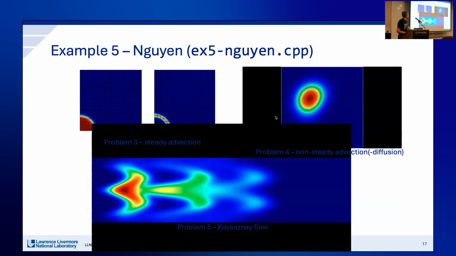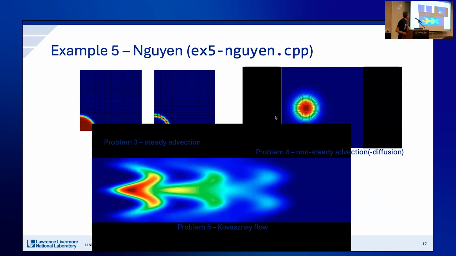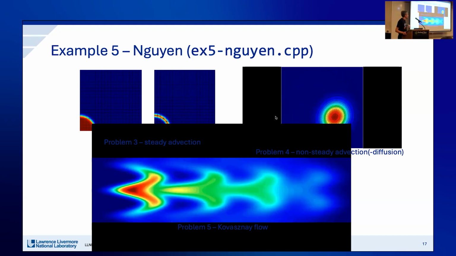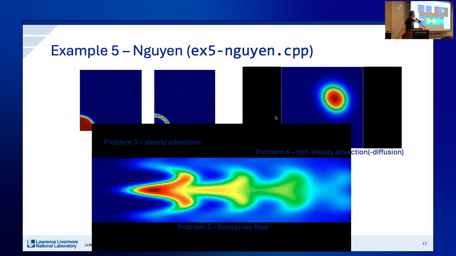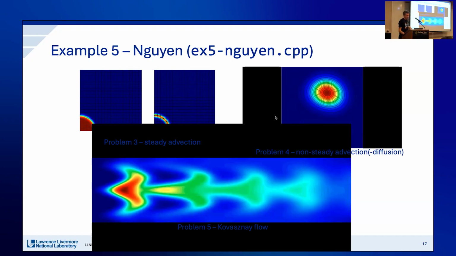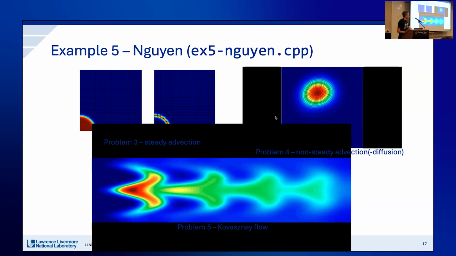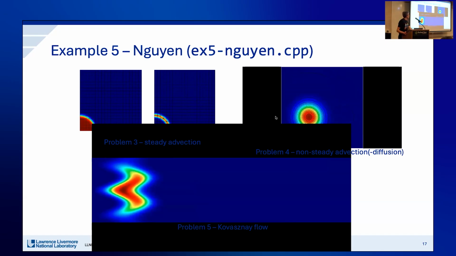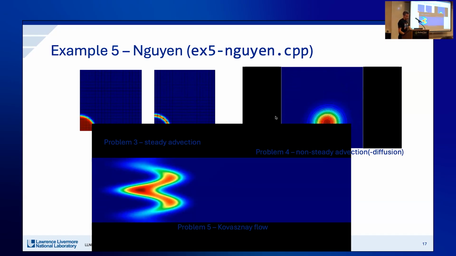And here are some test cases from the paper. The slide looks a little bit different than on my laptop, but anyway, here you can see we can solve, for example, the transport of a contaminant and time-evolving non-steady convection-diffusion and things like that.